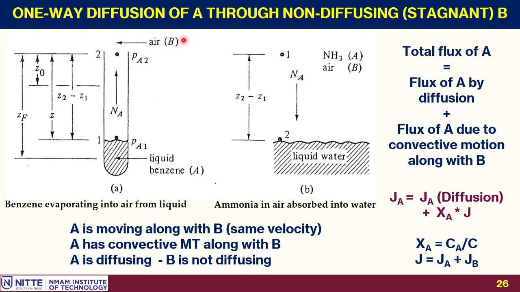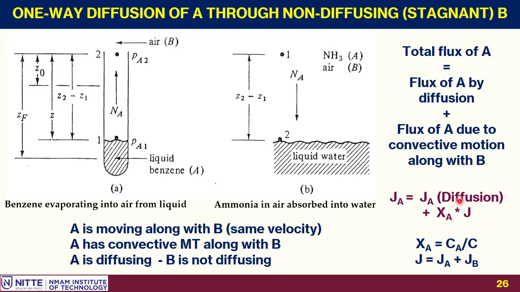Convection, when you say, it is not just because of the molecule B or the air, it is also because of the two fluids A and B together. We are considering the flux only for the molecule A. So the contribution of A to the total flux is XA into J. If you consider XB into J, it is because of the other molecule.